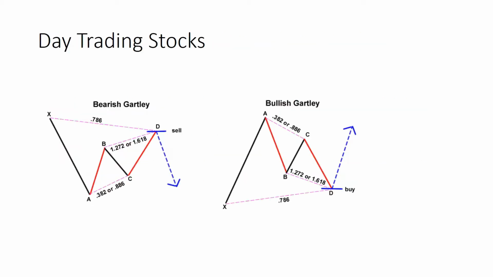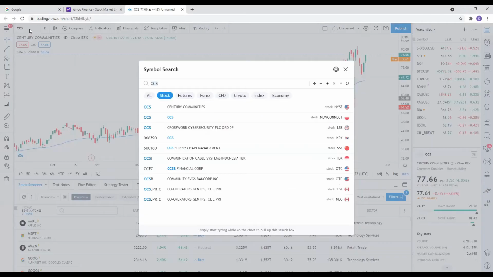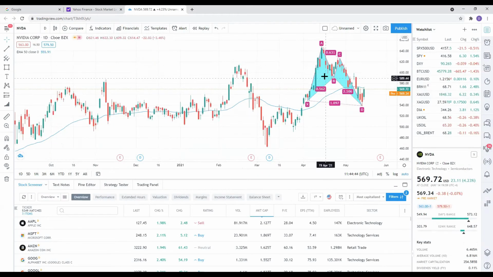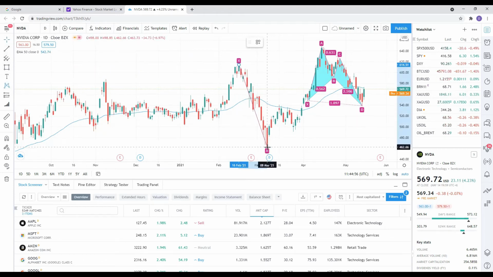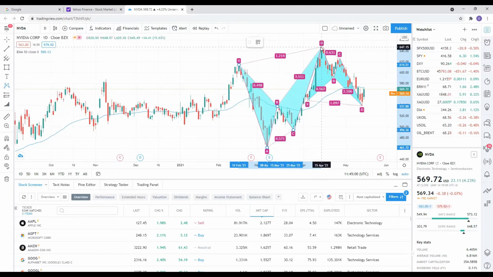So let me show you how the harmonic chart patterns appear on TradingView. Let's look for a harmonic chart pattern. We see a harmonic chart pattern appearing here. Actually, we see multiple harmonic chart patterns. This is a harmonic chart pattern here, 1, 2, 3, 4, 5.